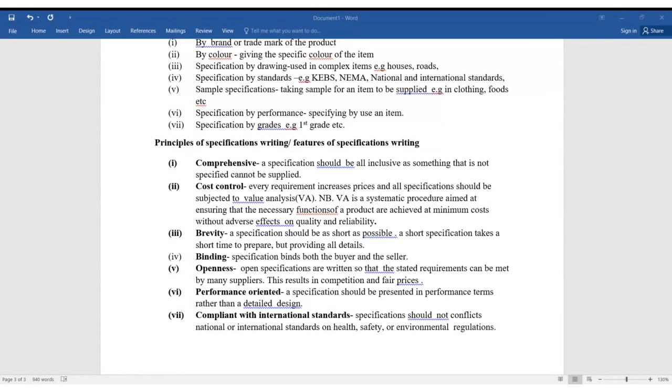Now, it is also important to look into standardization. How does this standardization enhance identification of materials? So it's a very important element.